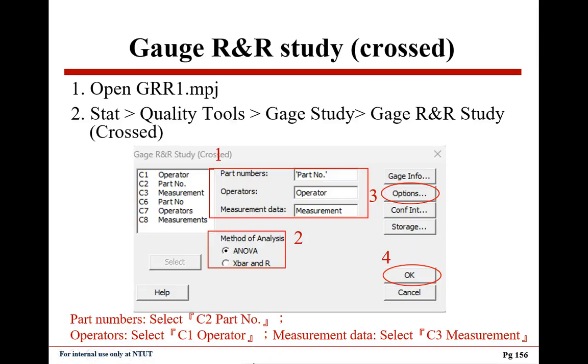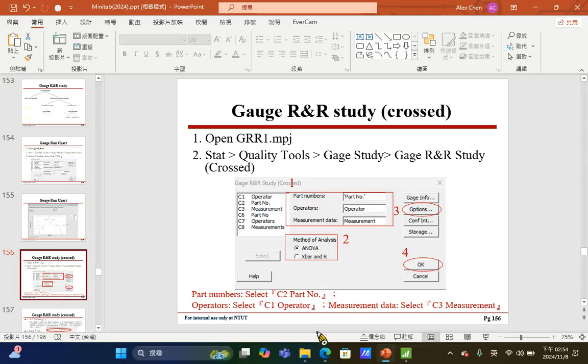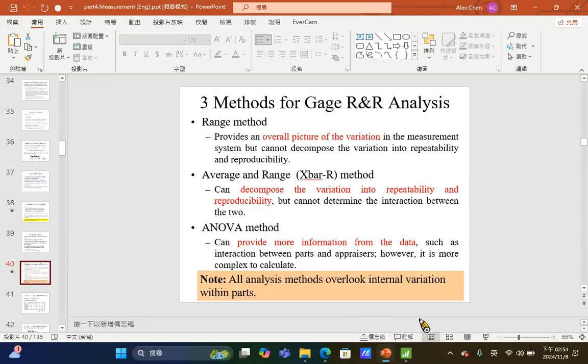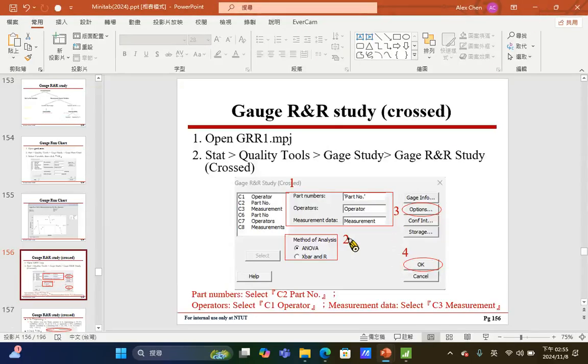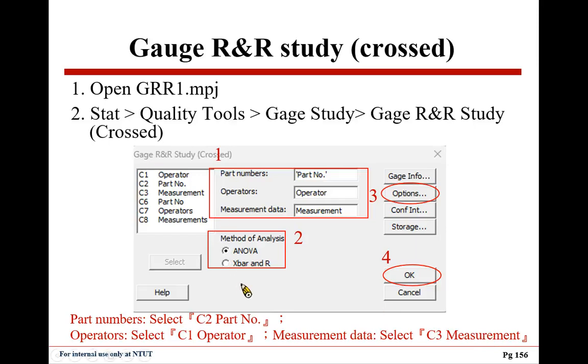If you want to use the Xbar-R method, you can divide the variation into EV and AV. If you use ANOVA, you can have more detailed information. Okay, let's go back here. Just follow 1, 2, 3, 4.